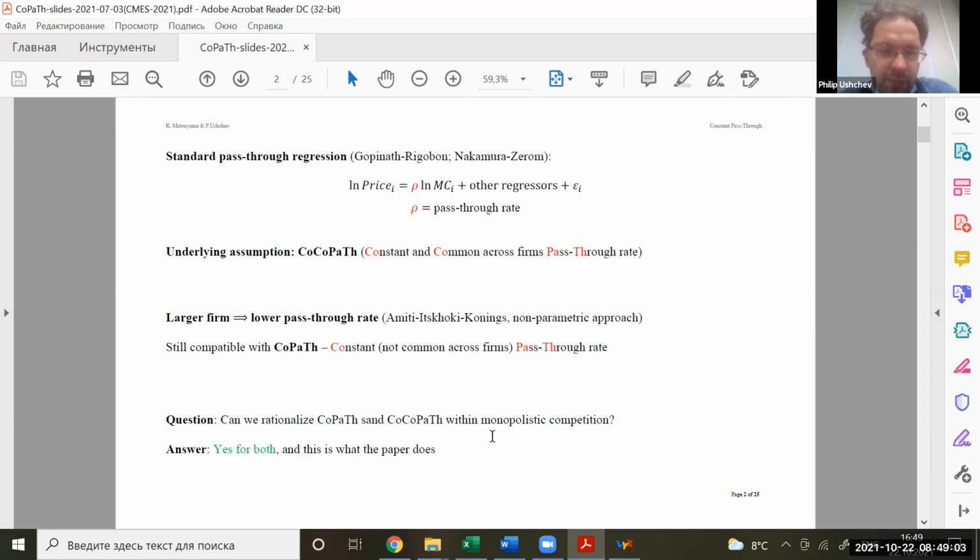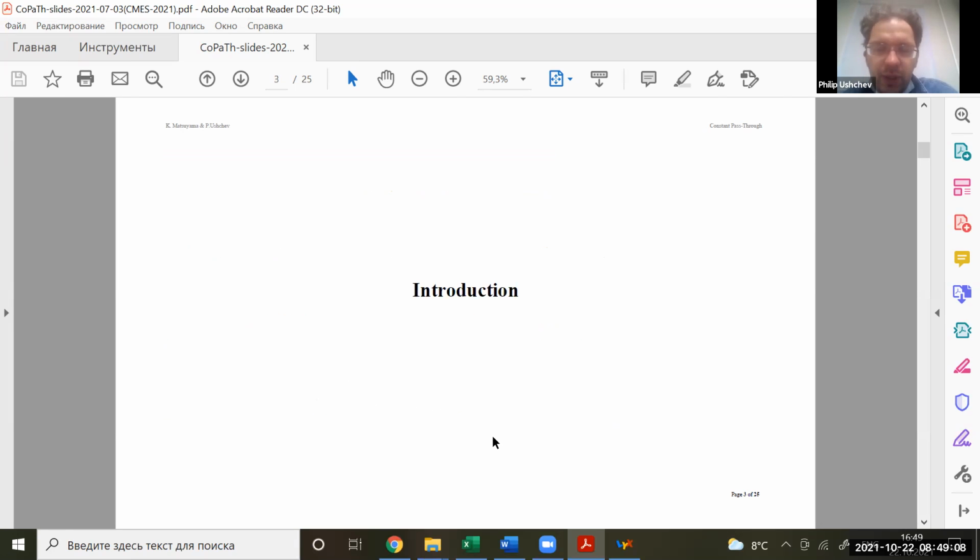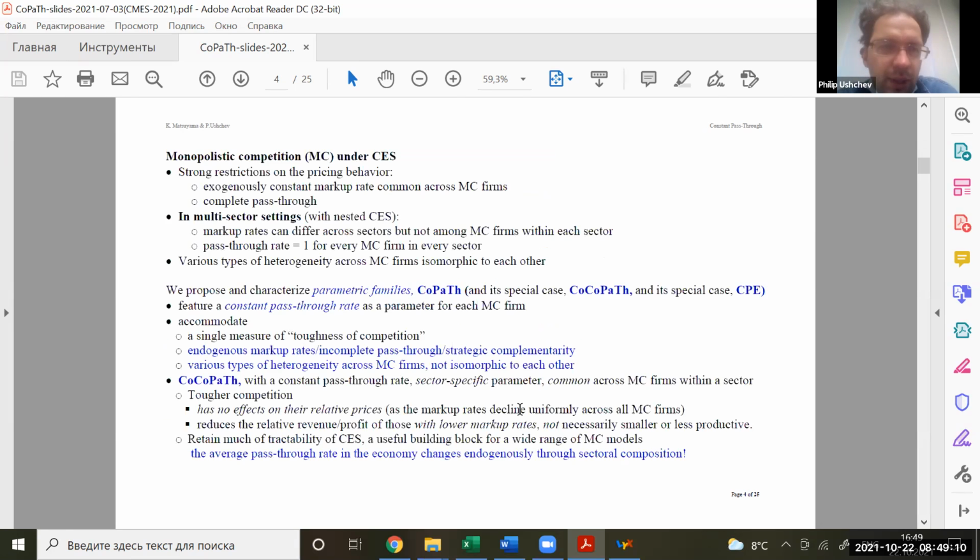Could we rationalize these properties? And the answer to both these questions is yes, and this is what the paper does. So, a brief introduction. Monopolistic competition with CES is a workhorse model in many fields, but giving full credit to the merits of this model, it has a number of strong restrictions, and one of these restrictions is that with CES and monopolistic competition, you have complete pass-through.